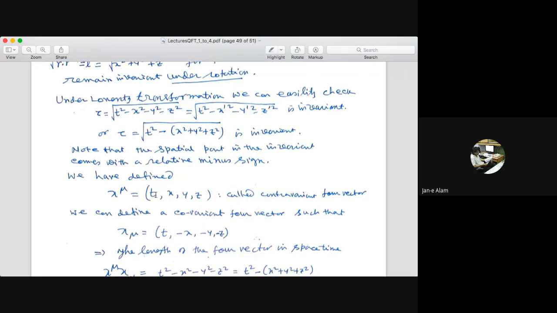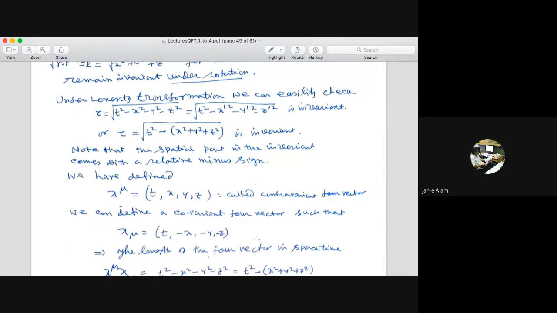So this is x mu upper, t, x, y, z, and this lower is t, minus x, minus y, minus z. Now if I take the scalar product of these two vectors, x mu times x mu will be t square minus x square minus y square minus z square. So that will remain invariant under the Lorentz transformation, right?